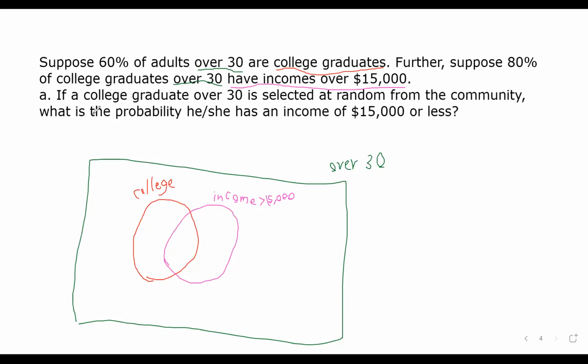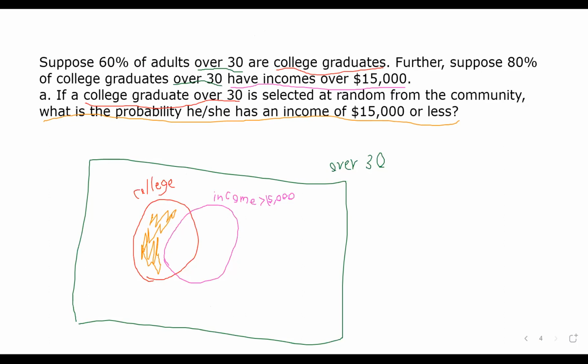The assumption is that you have a college graduate over 30, so assuming that, you're looking at when the income is 15,000 or less. So we're looking at this orange region.